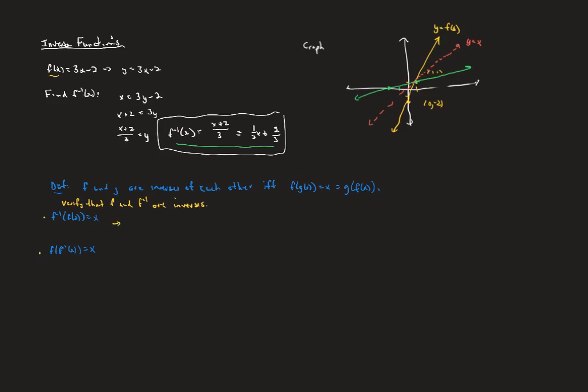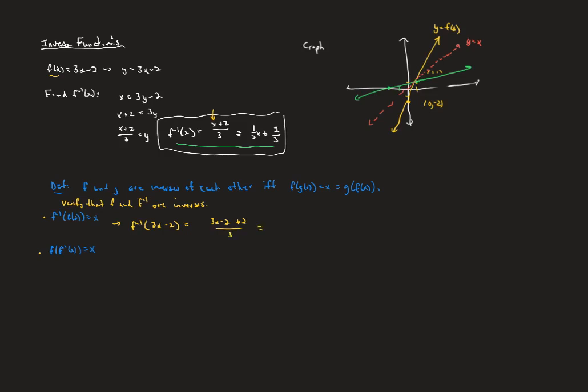So we're going to say f inverse of f of x, where f of x is 3x minus 2. So I'm going to plug 3x minus 2 into f inverse where we see x. I'm going to choose the version that's the big fraction. So that's going to be 3x minus 2 goes in for the x, and then we have the plus 2 over 3.